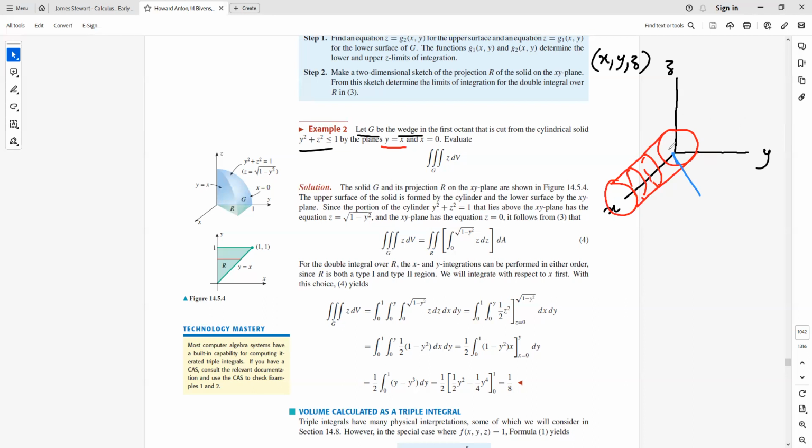And if I extend this, it is going to be stretched in the z direction. So we can draw it like this. So this is the equation y equals x. It looks like this in the xyz coordinates, right?